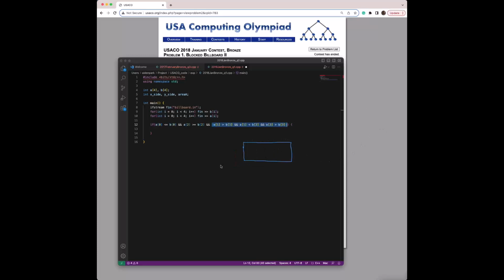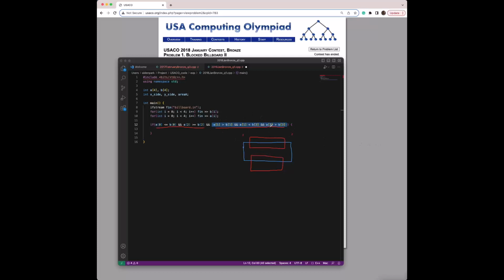And we know that because of this, the x coordinates of the bad billboard will be in between these two. But what this is basically checking is that the y coordinates, you can either have a billboard that's like this or that's like this.